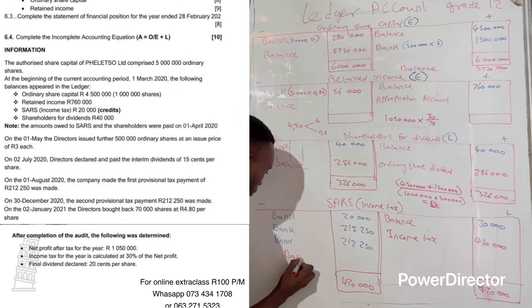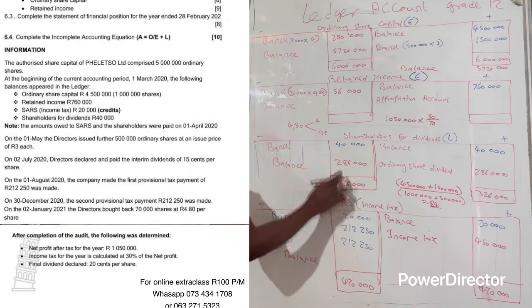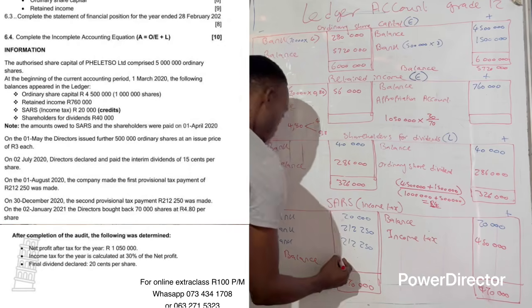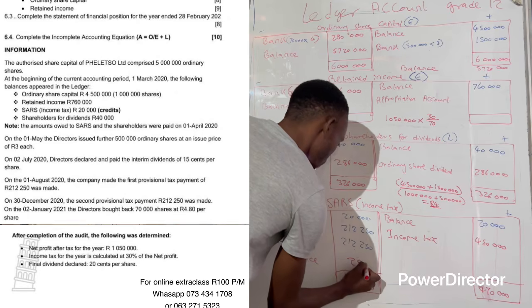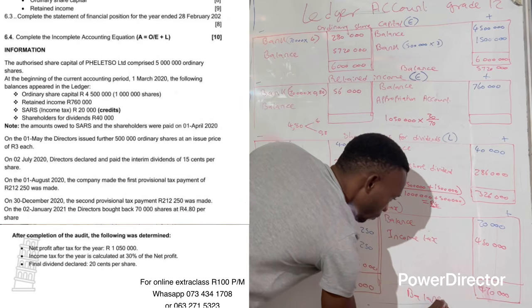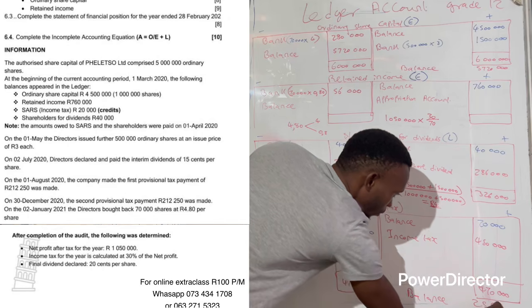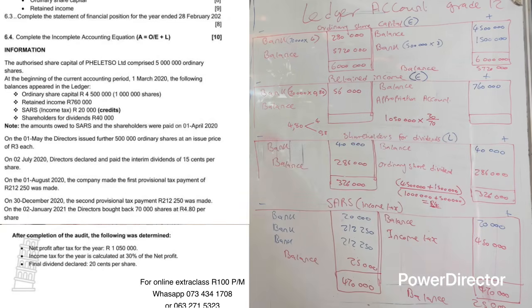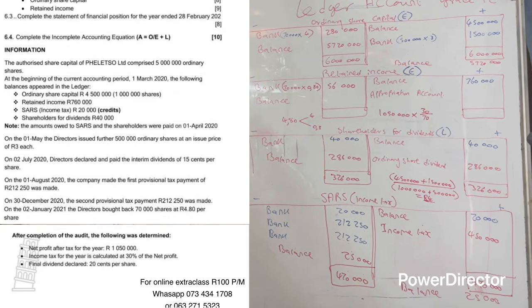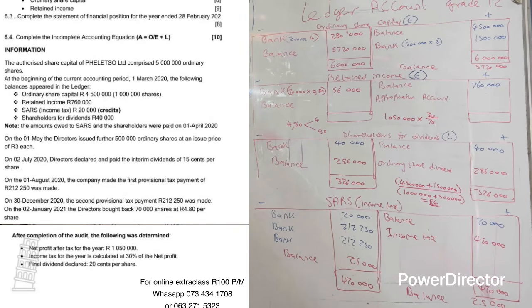Balance. This one minus the rest is going to give you the closing balance that we owe SARS. It will be 25,000 for next year. Balance 25,000. That's what we owe SARS for next year. Okay, 25,000 is there.